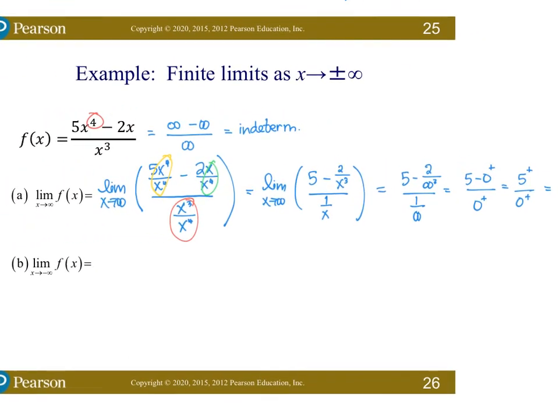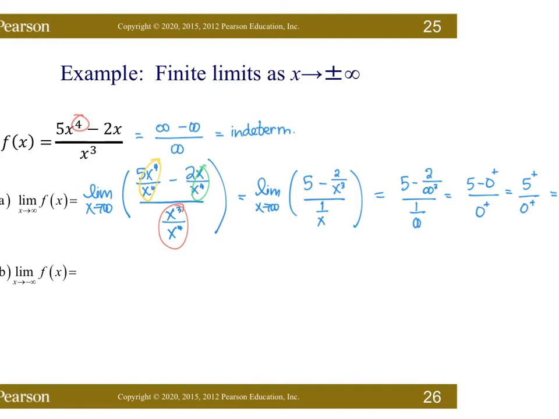Again, with the negative, I'm going to borrow my work from this step here, because up until that, the steps are the same. I'll just replace it with negative infinity. So I'm going to have 5 minus 2 over negative infinity cubed over 1 over negative infinity.